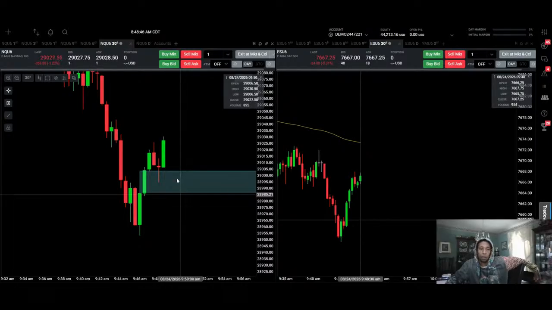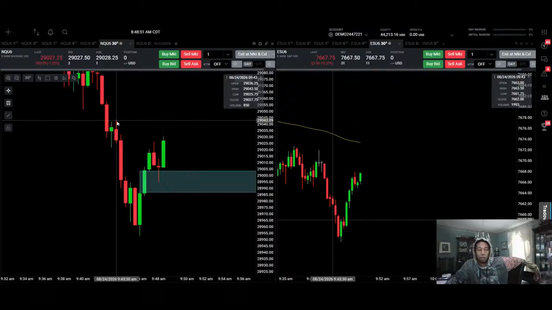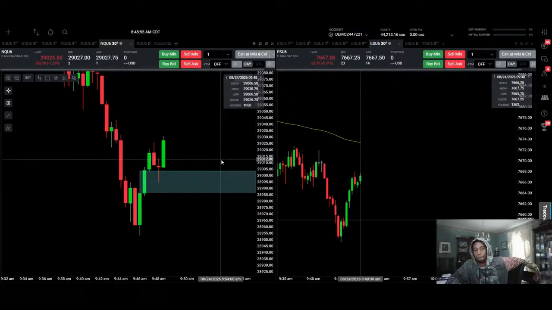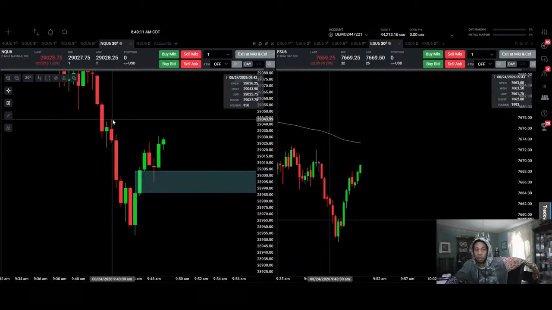All right, so I got low, high, high or low. If it blows through this high right here at 943, then it's going to continue up. Let's see what they want to do. Yeah, if it closes above this high right here, they're going to continue back up.